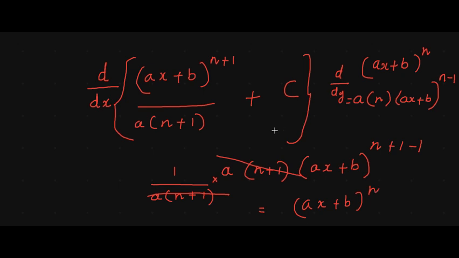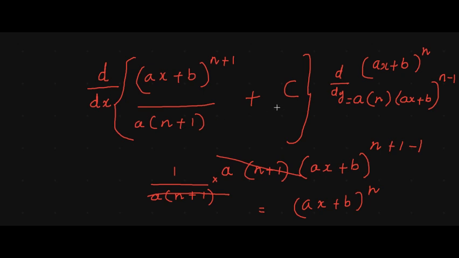Of course, if there is a c and you differentiate c, that is a constant, so the constant will not be there. So what has happened is that if dy by dx equals (ax + b) to the power of n, then the antiderivative is (ax + b) to the power of n + 1 divided by a multiplied by (n + 1), plus c.